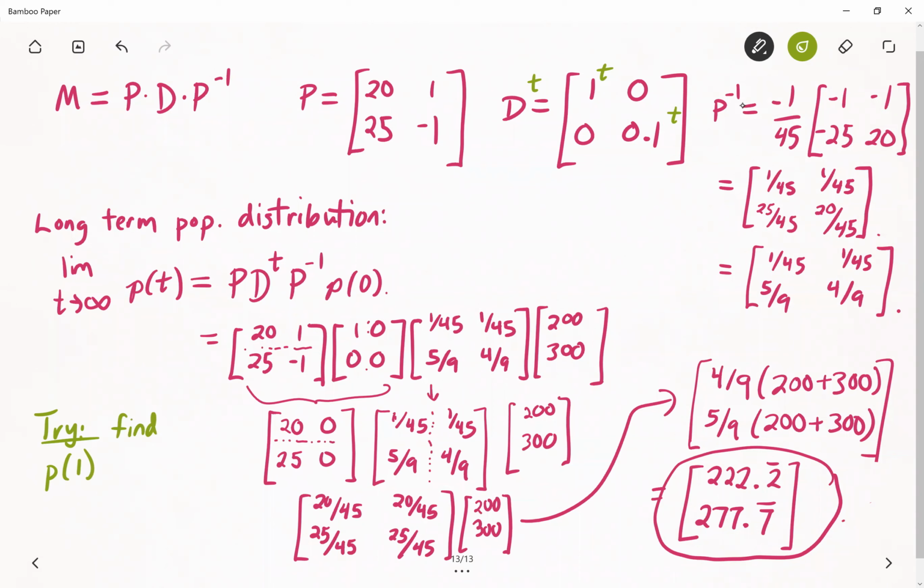Find the population in year 1, population in year 2, just by hand. Calculate the migration matrix times the original population, and it should be getting closer. It should start to approach the values we found for the long-term population.